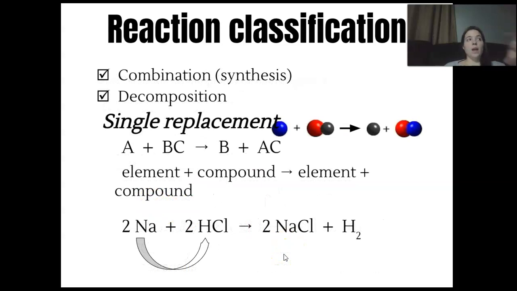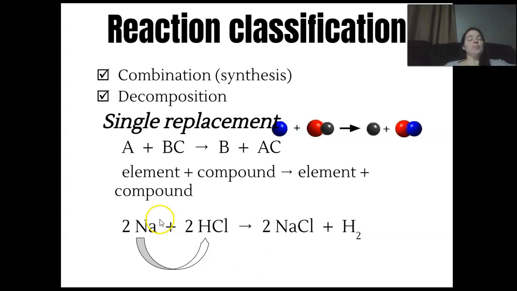All right. And then, so we have synthesis: 1 gives you 1. Decomp: 1 huge thing splits into 2 things, right? Now we have something called single replacement, where you have an element, and this is very specific, you have an element and a compound gives you the element from the compound and another compound using the previous element.